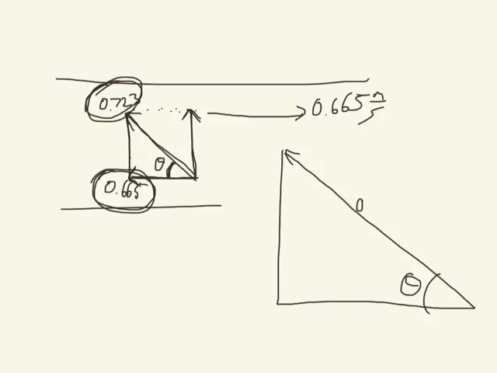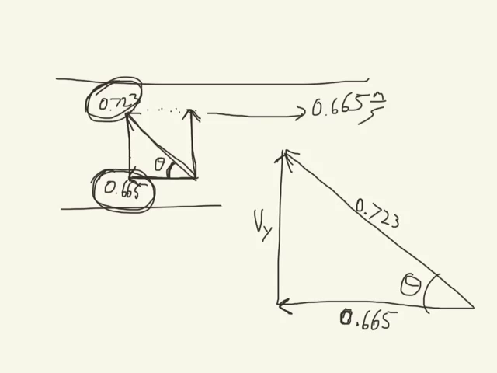The hypotenuse is the overall magnitude of the guy's velocity, and the x component of his velocity represents this side length here, which is 0.665, and this side over here would be the y component of his velocity, which would be the velocity with which he's actually crossing the river.